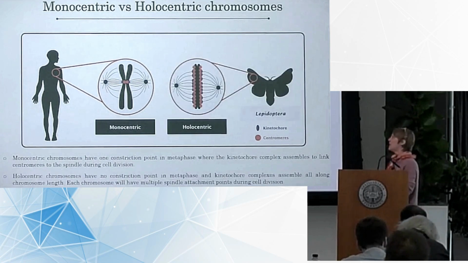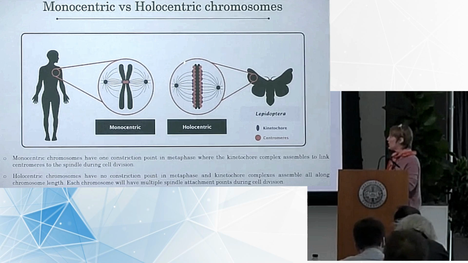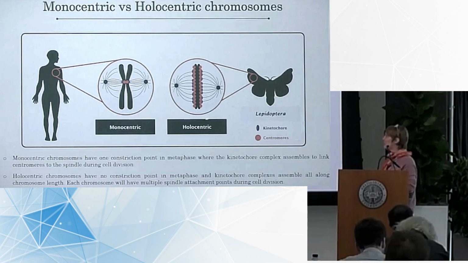Lepidoptera have an alternative centromeric organization where the kinetochore complexes assemble all along the length of metaphasic chromosomes, which have no constrictions. With this, you have multiple attachments to the spindle, and species with this configuration are called holocentric.